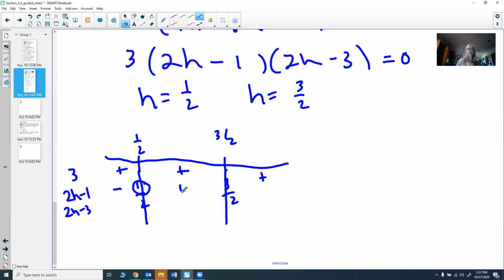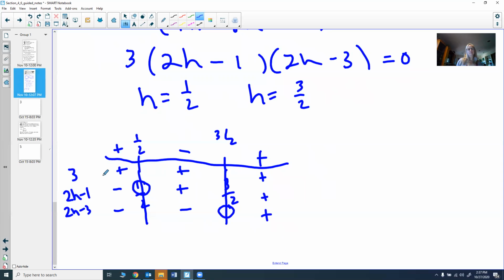Take a number bigger than it, you're going to get a positive number. 2h minus 3 is 0 at 3/2. Take a number smaller than it, like 0, you're going to get a negative number. Take a number bigger than it, you're going to get a positive number. Negative times a negative times a positive is a positive. Negative times a positive is a negative. And all positives is positive.